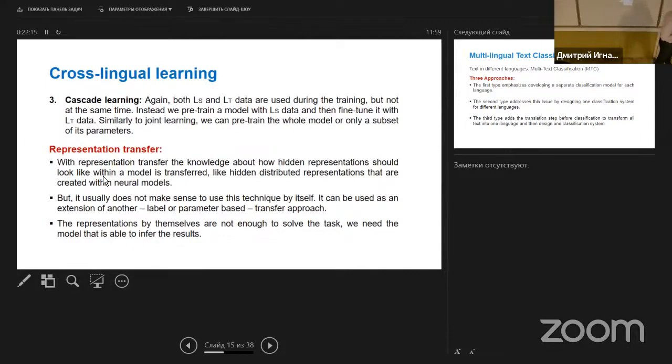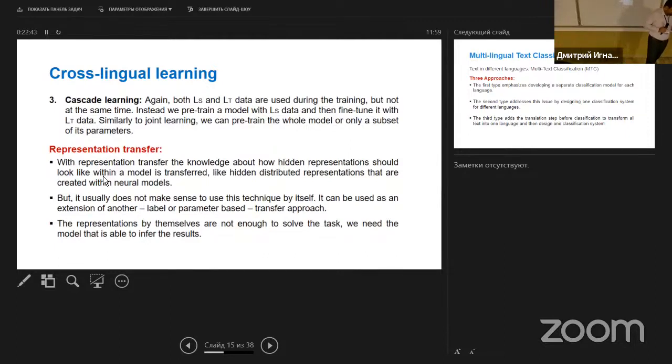The last methodology is the representation transfer methodology. Here we are interested to transfer some hidden characteristics, hidden representation of the models between the source language and the target language. Like we can say the hidden distributed representation created by the neural network, we are interested to transfer this kind of representation.